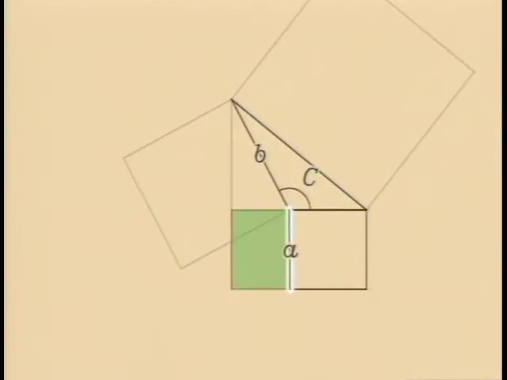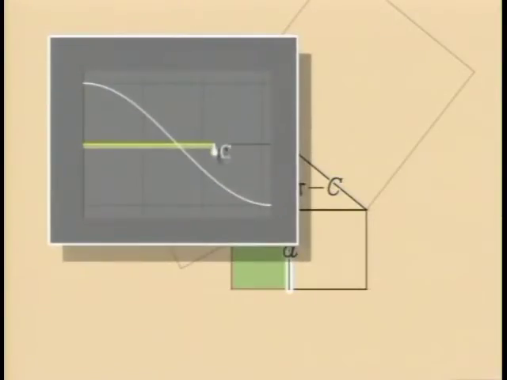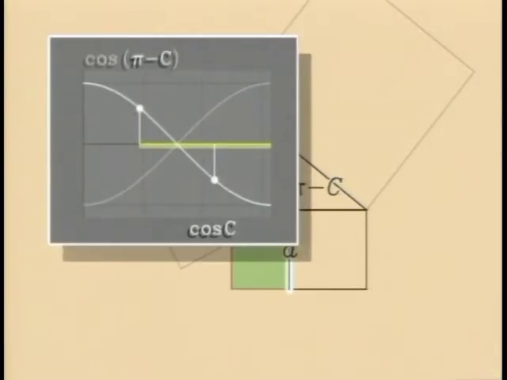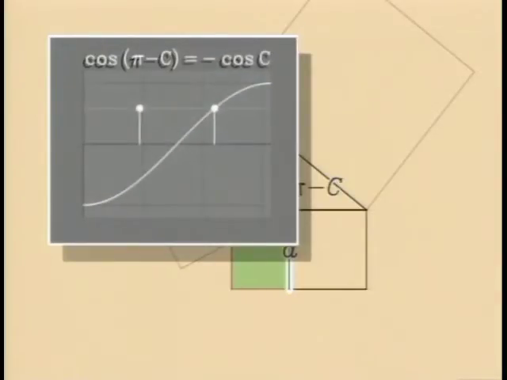One side of the green rectangle is A. To find the length of the other side, look at the triangle above it. This side has length B times the cosine of pi minus C. But if this is C, this is cosine C. This is pi minus C. So the cosine of pi minus C is the negative of cosine C. But that's a positive number when C is greater than a right angle.